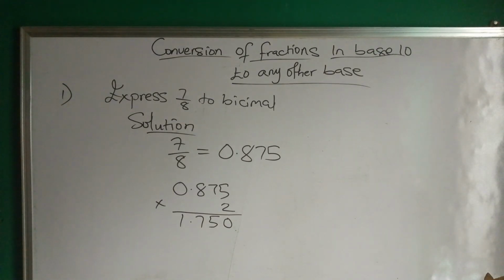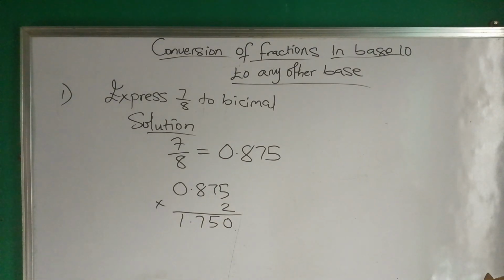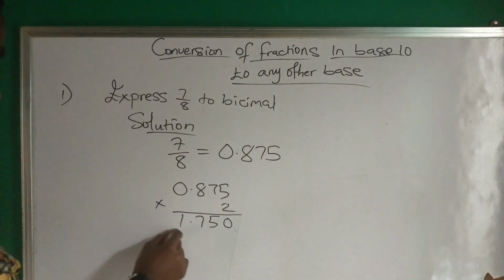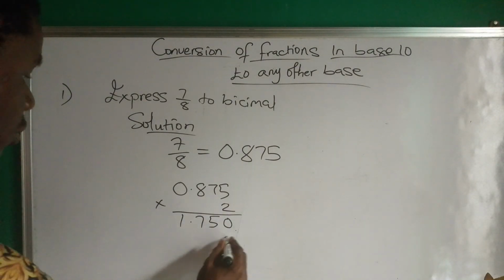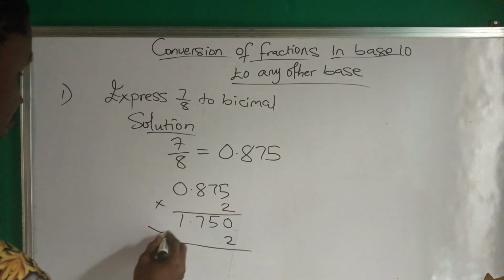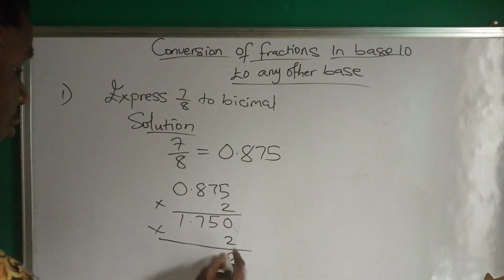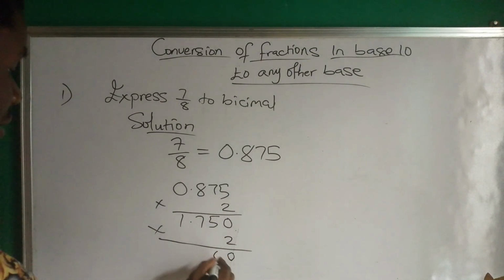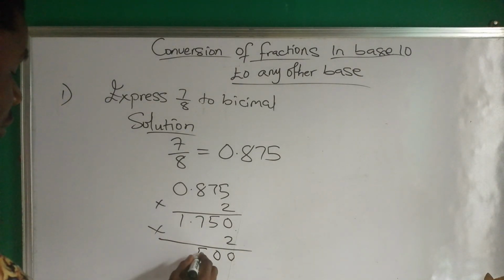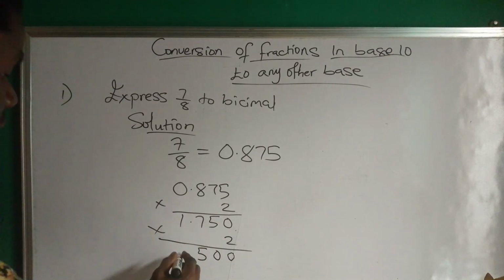Okay, so what we do next is we multiply 0.75 by 2. Remember, we are not multiplying this part. So we continue. What we have will be 2 times 0, 0, 2 times 5, 10, 0, 2 times 7, 14 plus 1, 15, you write 5, and then you pick 1.